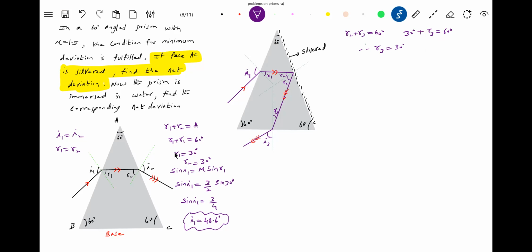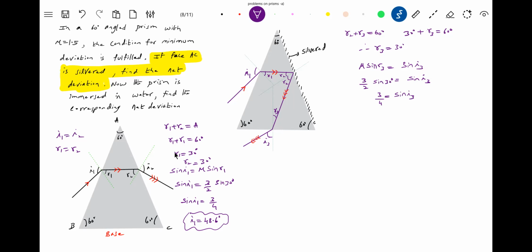So we'll calculate I3 now. Now mu sin R3 is equal to, mu is how much? 3 by 2 sine 30, equal to sine I3.